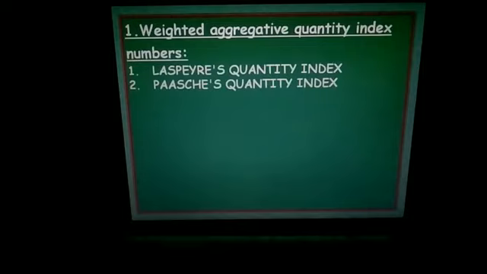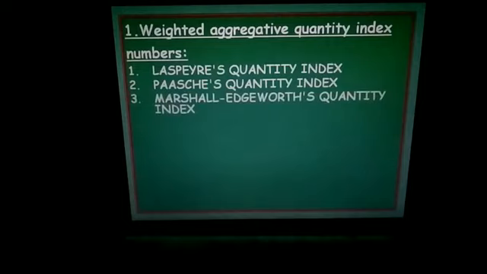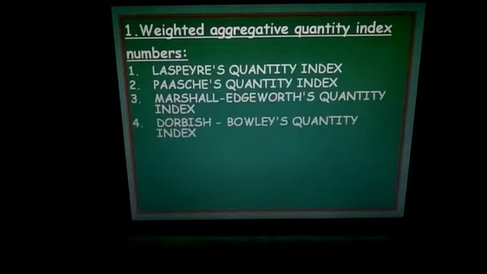It has to be a Marshall-Edgeworth quantity index number. Next one, what has to be it? Try to recall. It has to be Dorbish-Bowley's quantity index number. After that, what is it? Fisher's quantity index number.